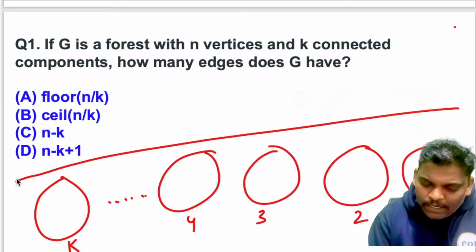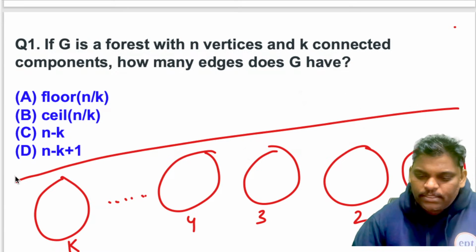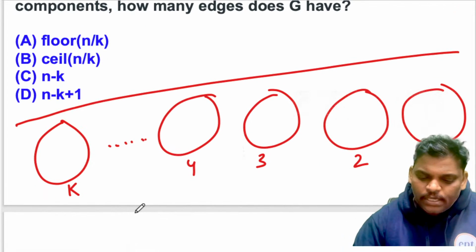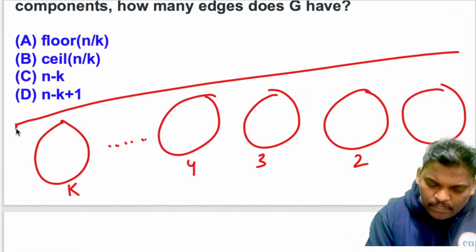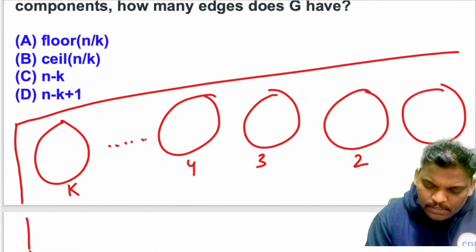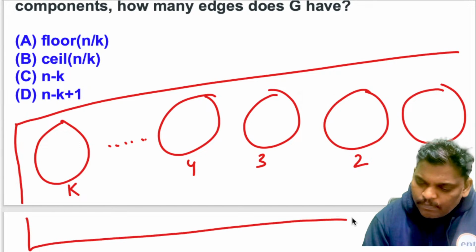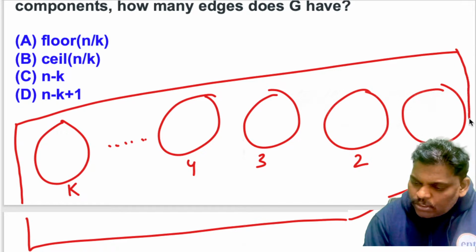Now is there anyone who can help me? G is a forest. When you say forest, that means a collection of trees.